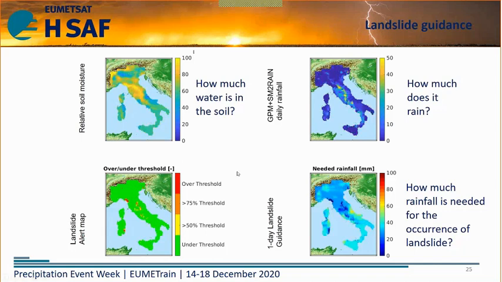And then we are able to know how much water is needed for the occurrence of a landslide over a specific point. So we can compare this one-day landslide guidance with weather forecast in order to issue an alarm. But this is still a work in progress, so we are expecting to obtain better results in the future.